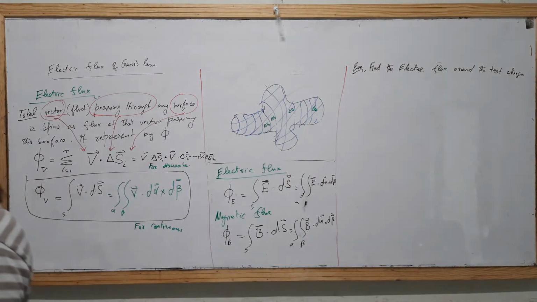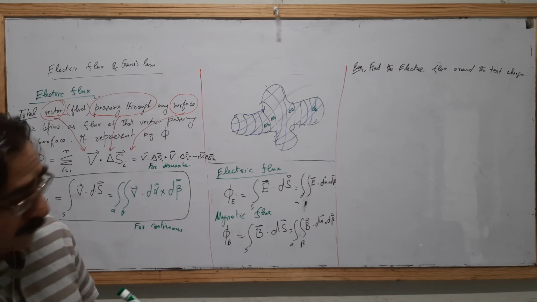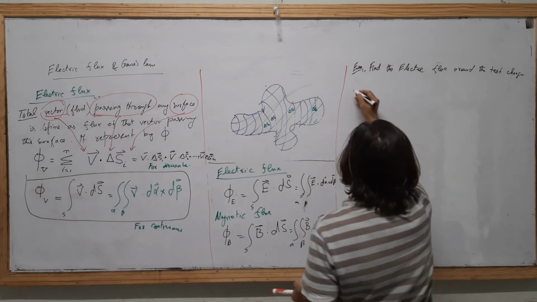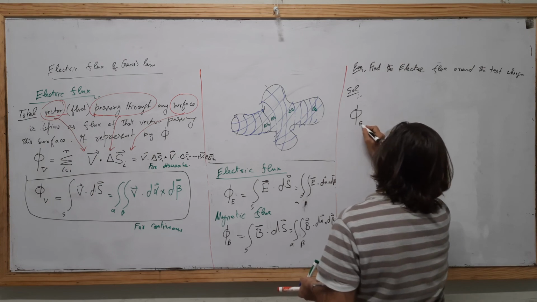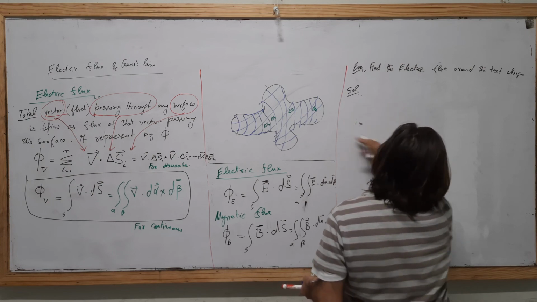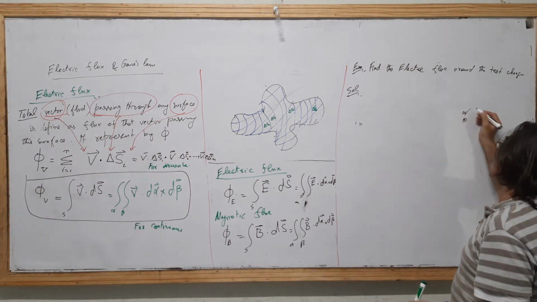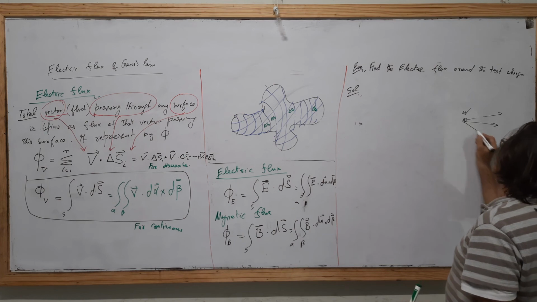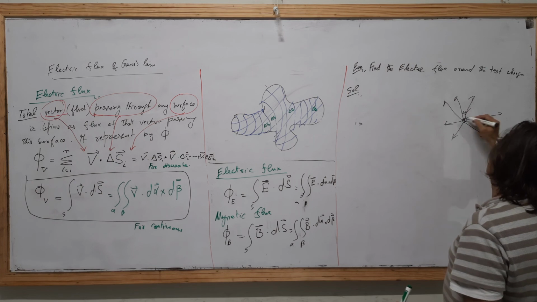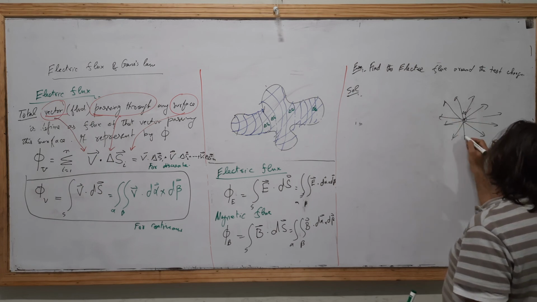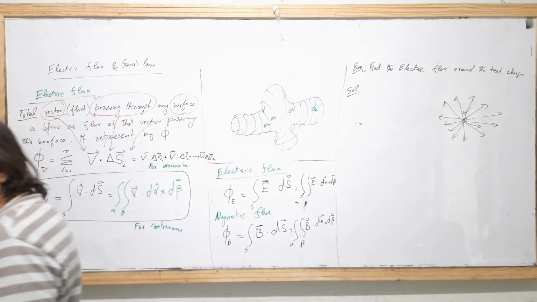Okay, so the solution: phi E. This is a charge, for example, this is a charge Q. So the electric field is like this.